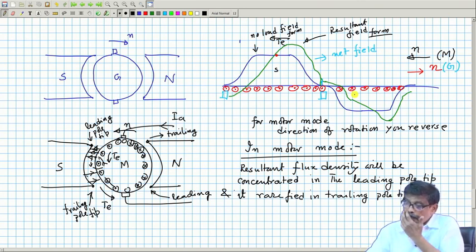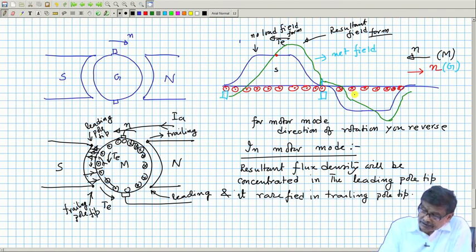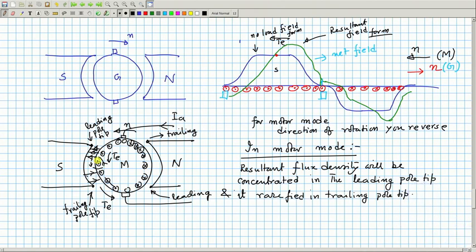Okay. Now therefore, the compensating winding will be here and it depends upon the arc of the pole divided by the pole pitch. This ratio will decide how much of this armature conductor MMF can be nullified by that. This will never be able to nullify the flux in the q axis, because this will remain unattended. Got the point?